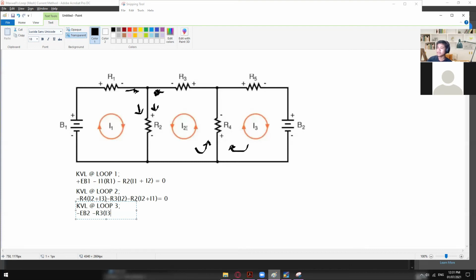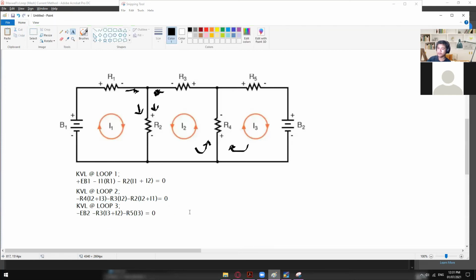And as you guys can see, I2 and I3 have the same flow of current, so it's positive I2. And then minus R5 times I3 is equal to 0. So that's it for the third equation, or loop number 3.